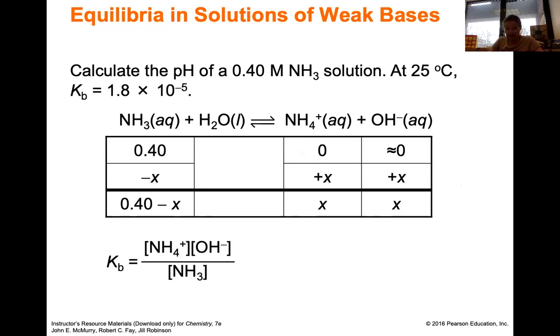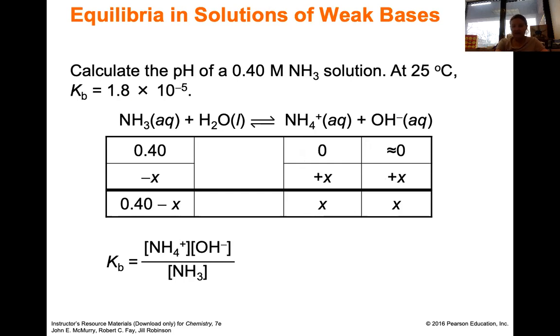If we want to calculate the pH in this solution of ammonia, and we have the Kb, set up an ICE box. If you put in 0.40 molar NH3, some will dissociate forward, so you'll have minus X. You'll make X amount of ammonium cation and OH minus.